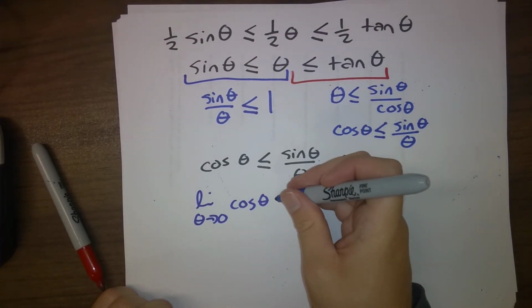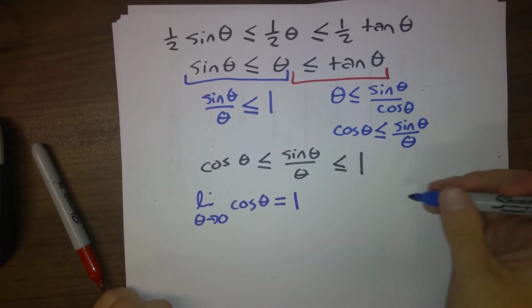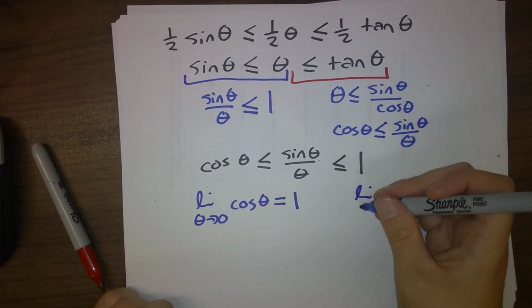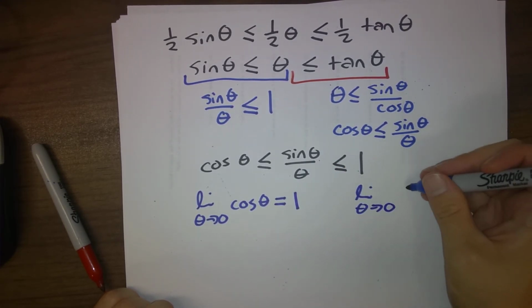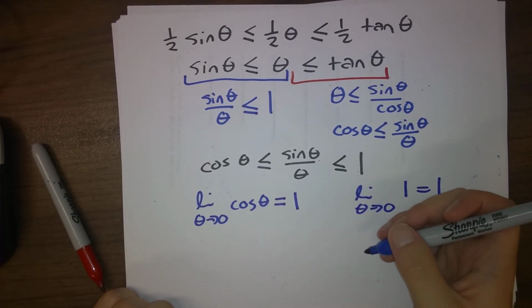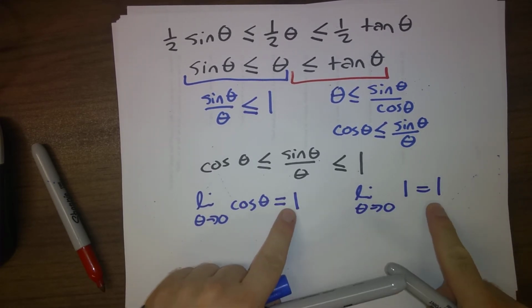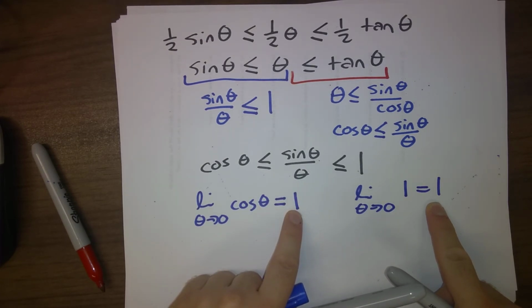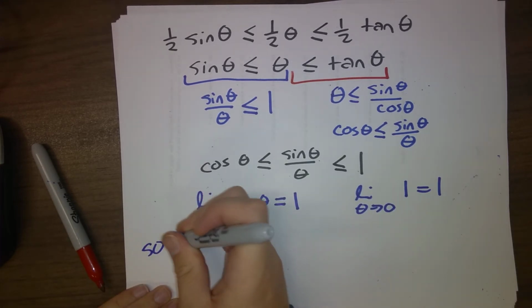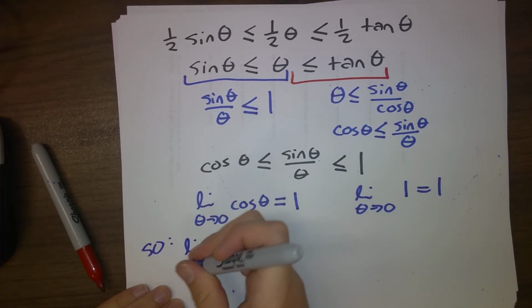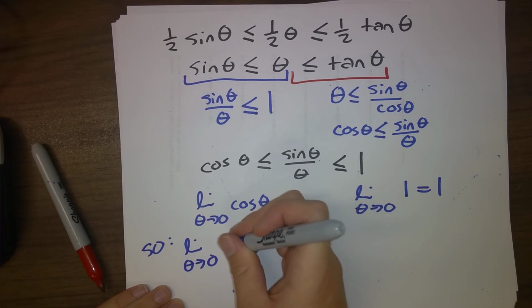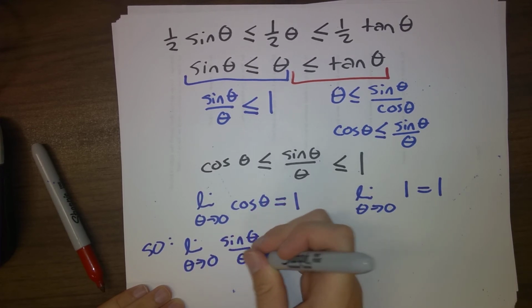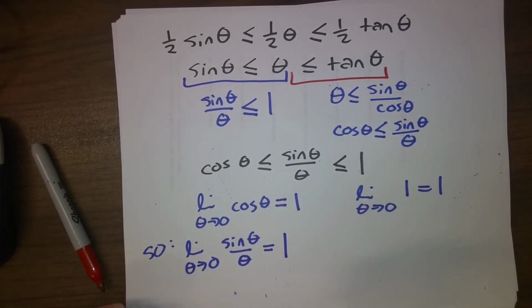So this is just cosine 0, which is 1. The limit as theta goes to 0 of 1 is just 1. And so, hooray, we have trapped sine theta over theta between two functions, both of which have limit 1 as theta goes to 0. And so we say that the limit as theta goes to 0 of sine theta over theta is equal to 1.